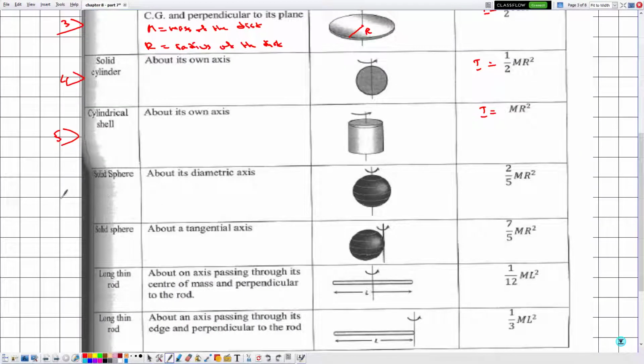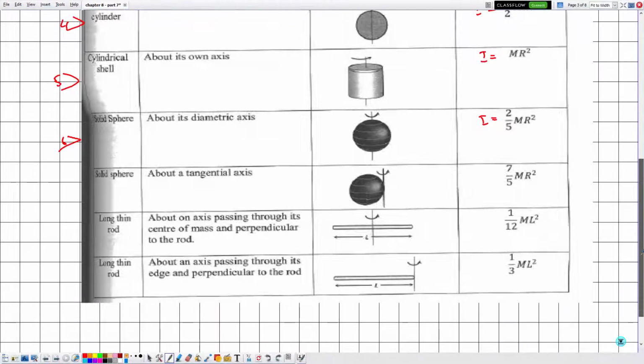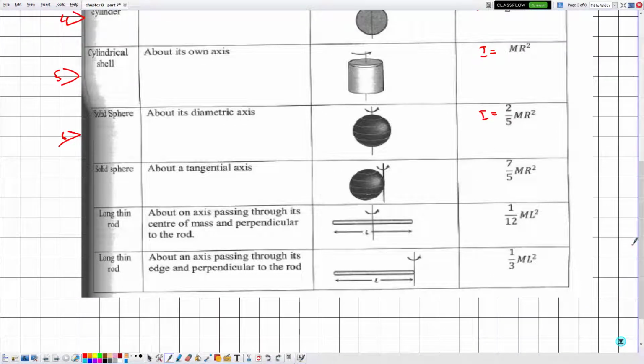Now if it passes along the center of the sphere or the diameter, then the moment of inertia is given by 2 over 5 mr square. And in case it's passing about a tangential axis of the sphere, then it's given by 7 over 5 mr square.